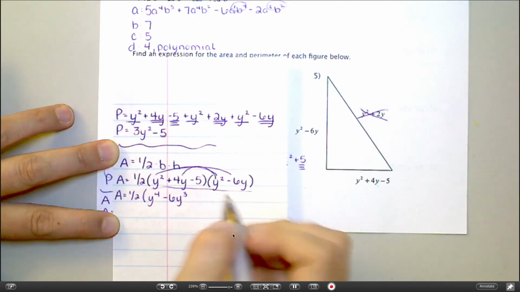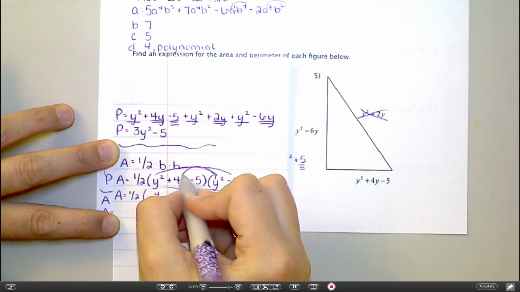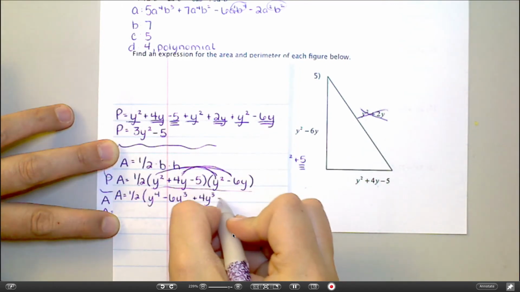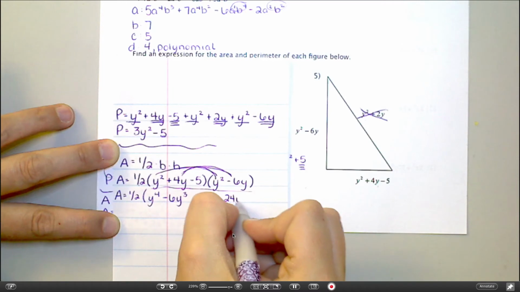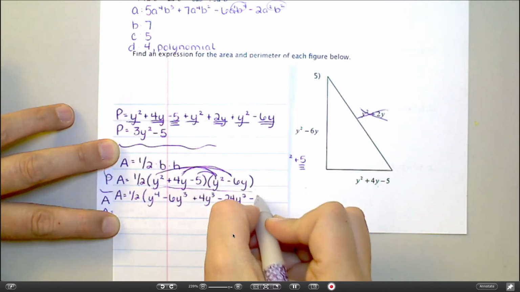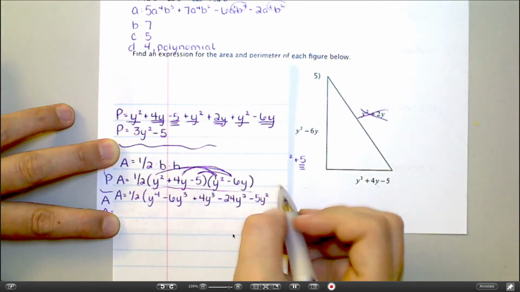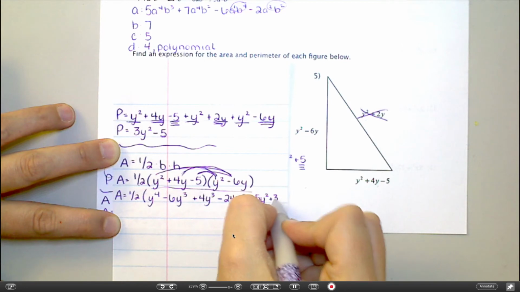4y times y squared is 4y to the third. 4y times negative 6y is negative 24y squared. Negative 5 times y squared is negative 5y squared. And negative 5 times negative 6y is 30y.